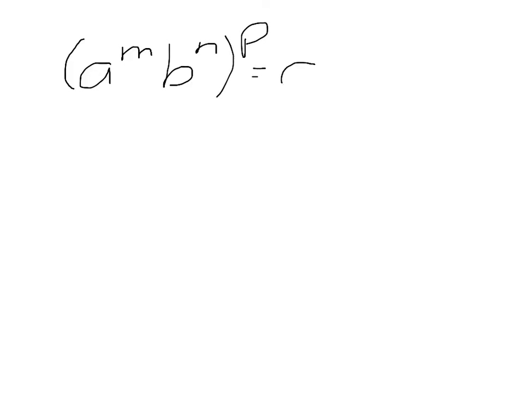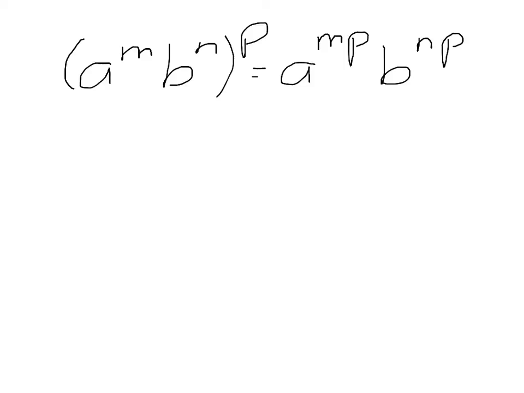The final rule that we have to talk about is what happens when we have a to the m, b to the n, to the p power. What happens when you have a monomial that has multiple variables in it, all raised to a power? Nothing different. All we're going to do is multiply the outer exponent to all of the inner exponents.